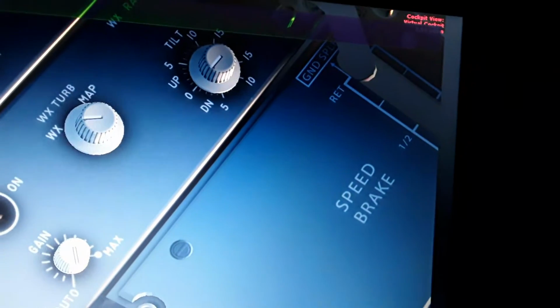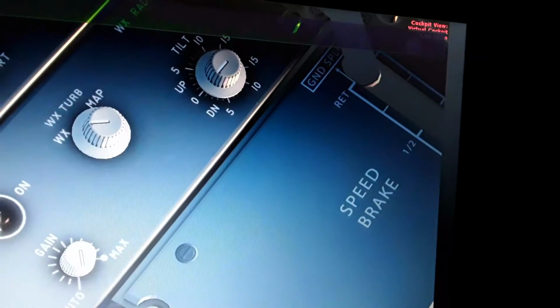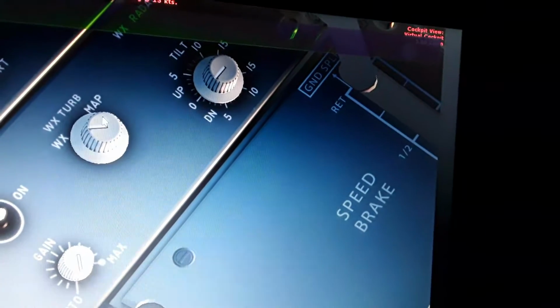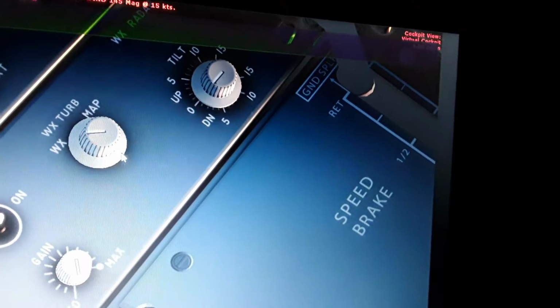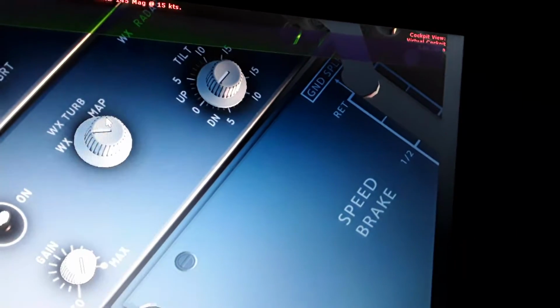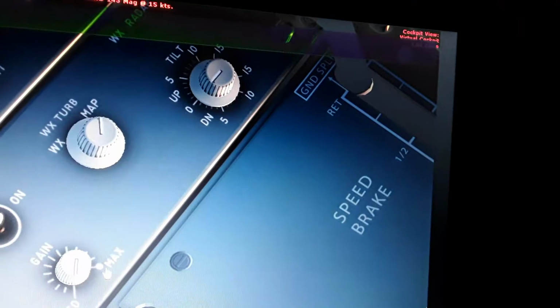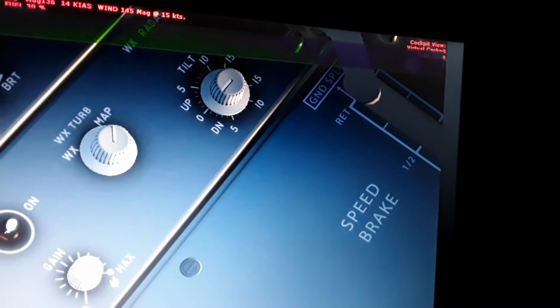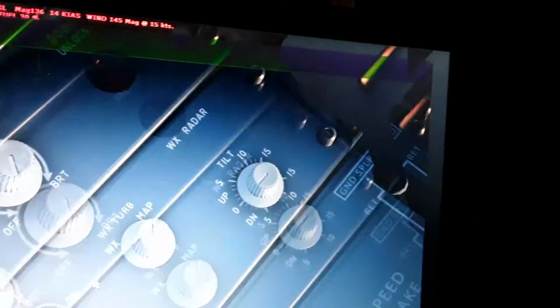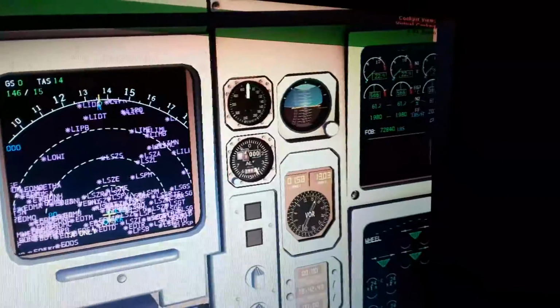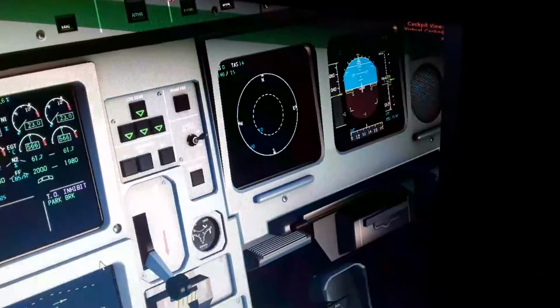This is the radar, which I can use for terrain display and for weather radar. Maybe it's not displayed in this simulation right now as a weather and terrain radar.